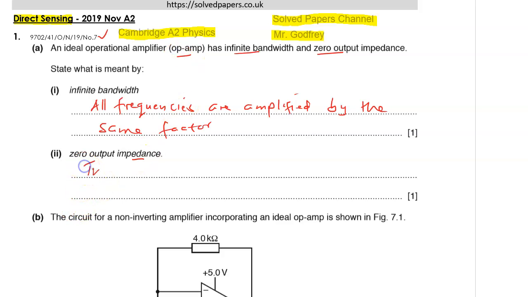So say the whole of the output voltage is provided across the output load.